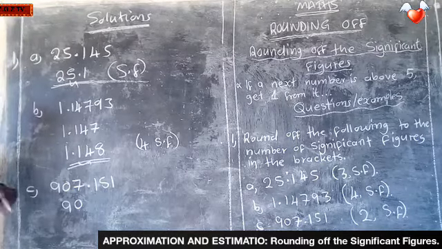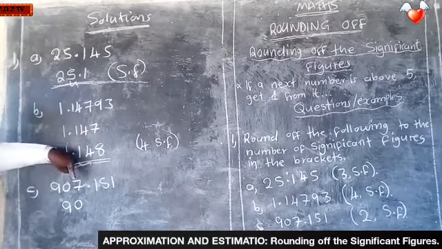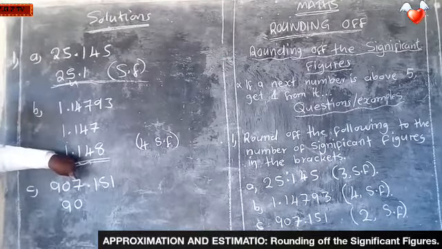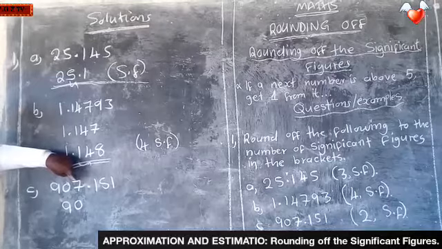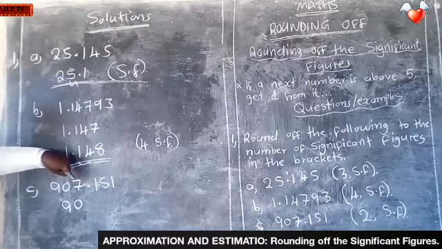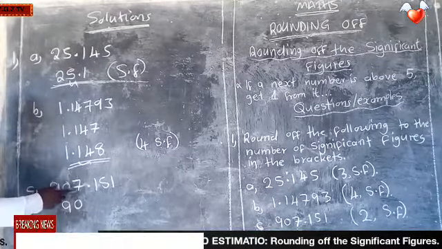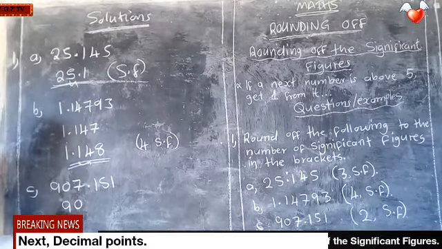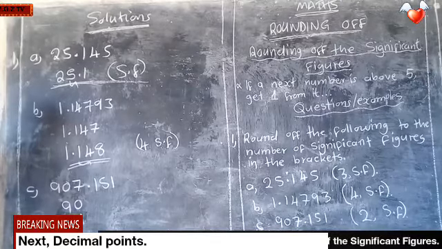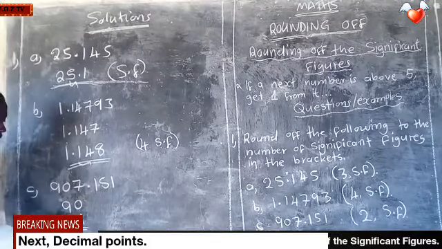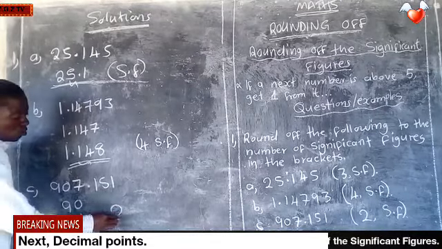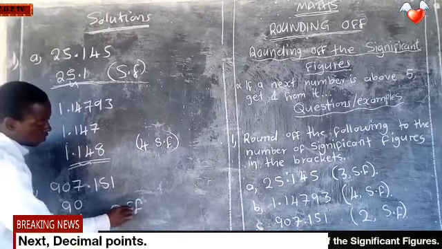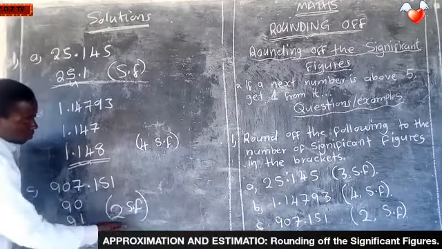Then what I do next is check the next number. Is the next number above 5 or below? The number is above, so I get 1 and add it to 7. Then I'll have 98 as my answer to 2 significant figures.